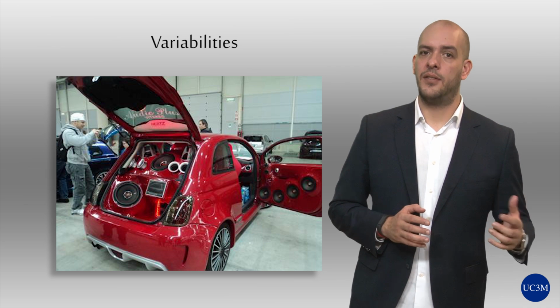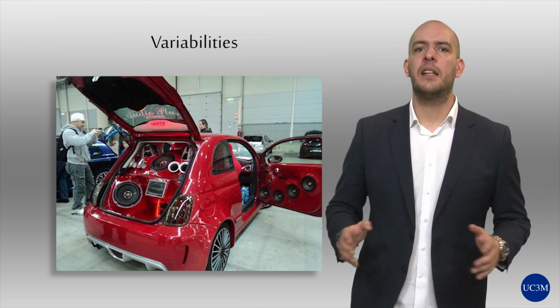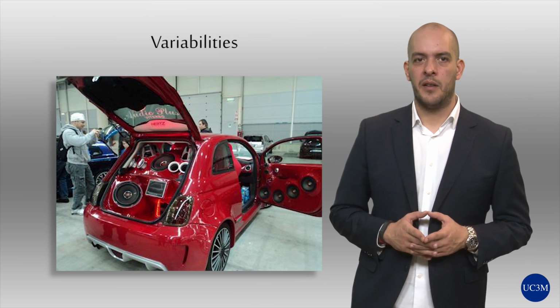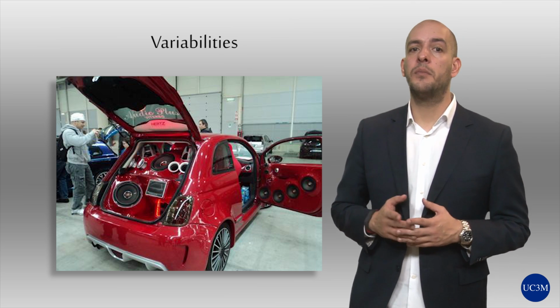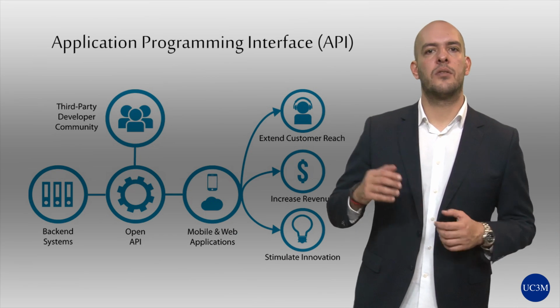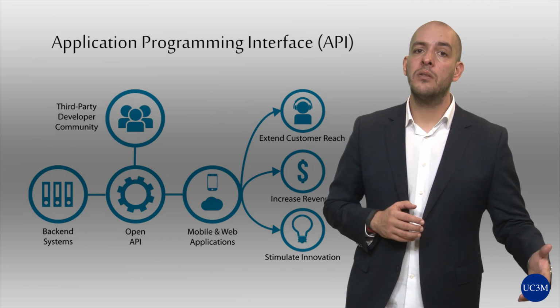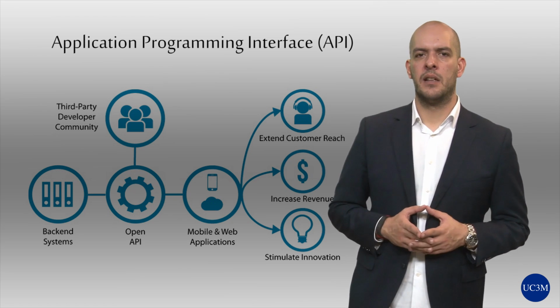The task of identifying commonalities and variabilities has been a widely researched area. Many authors propose different methods to identify features and to group them in the appropriate artifacts through components or services that are then exposed as an API, Application Programming Interface.